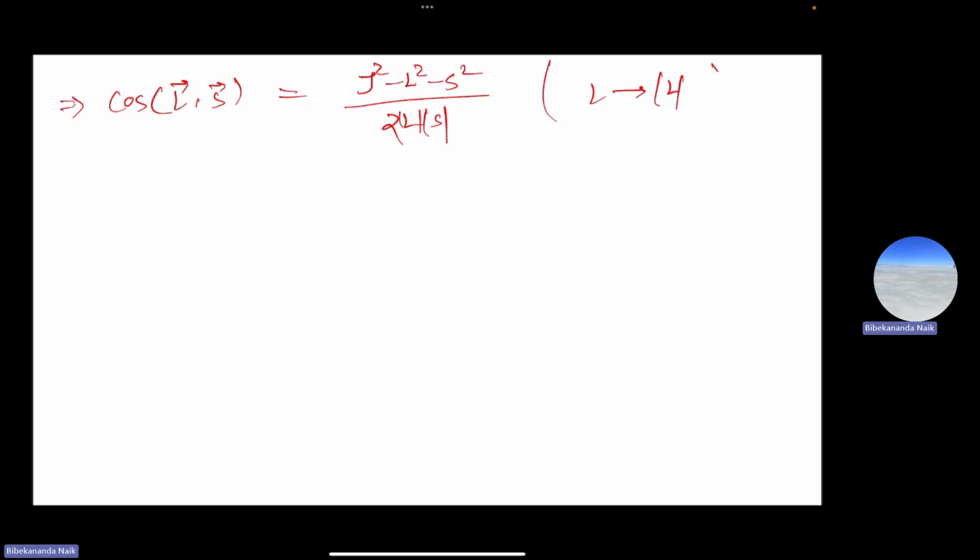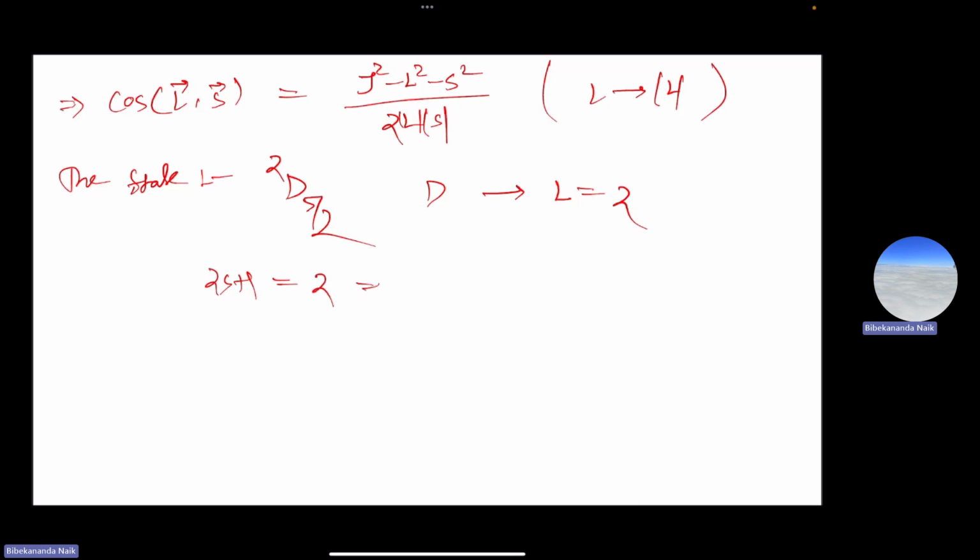Now for the state 2D 5 by 2, D means L equals 2 because S, P, D, so L equals 2. Again 2S plus 1 is 2, that implies S is half.